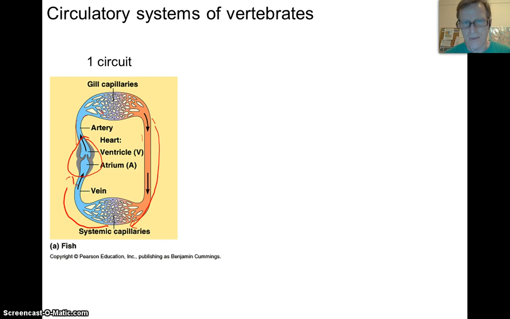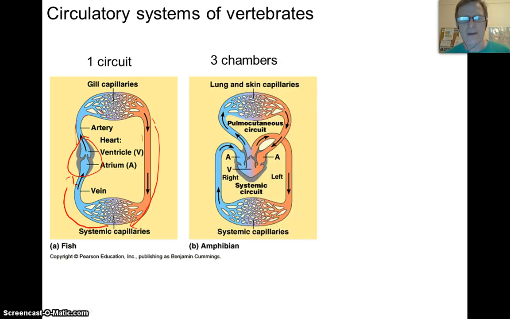because you're in this watery, very buoyant environment. If you're on land, like an amphibian, okay, now you've got a little more problem because you're having to pump it up to your head and down to your lower parts. So you need a little more pressure. So it goes to your lungs where it gets oxygenated, and then it goes back to the heart where it gets repumped. So now we can provide more pressure, more power to get that blood pumped to our body, to our muscles and organs, deliver that oxygen, and then reoxygenated blood goes back to our heart where it goes back to our lungs.